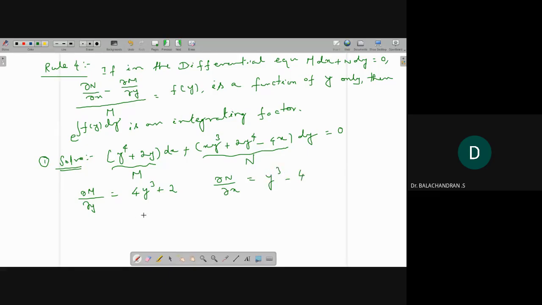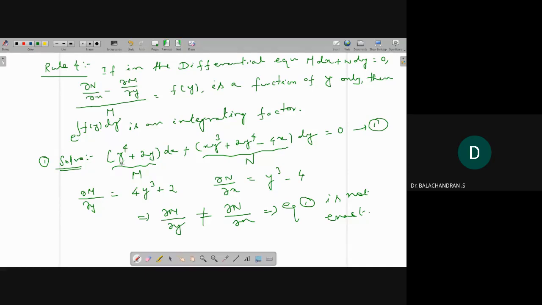So dou m by dou y is not equal to dou n by dou x. This implies the given equation 1 is not exact. So we need to convert it into exact.